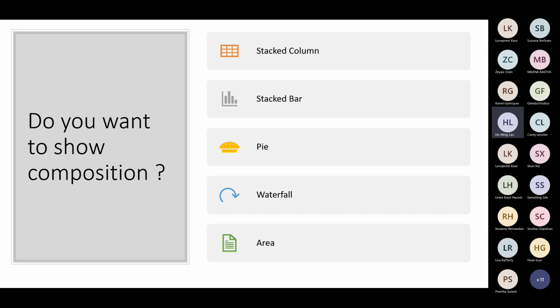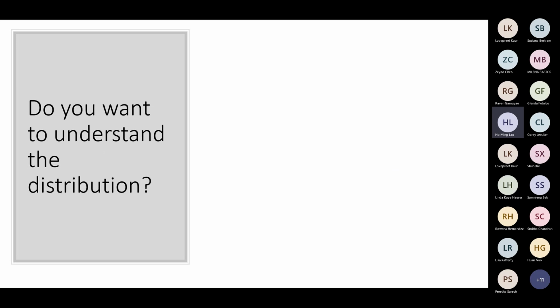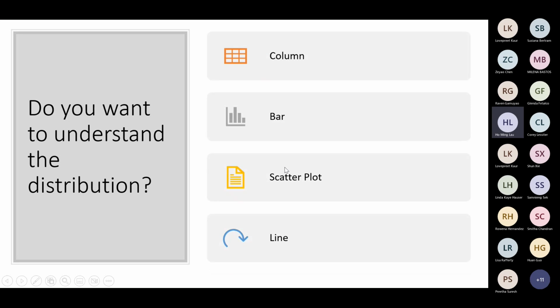Don't use a pie chart if you have more than 5 categories, because it makes it really difficult to understand. And do you want to understand the distribution? If that is the case, then again use column, bar, scatter plot, and line chart.